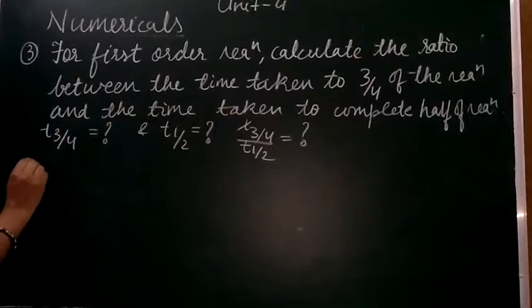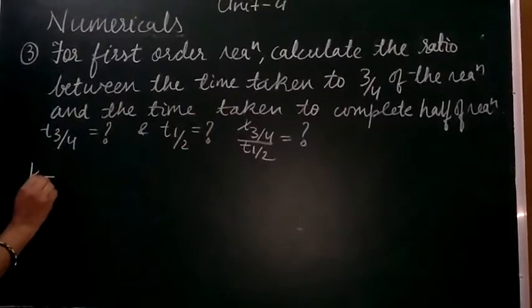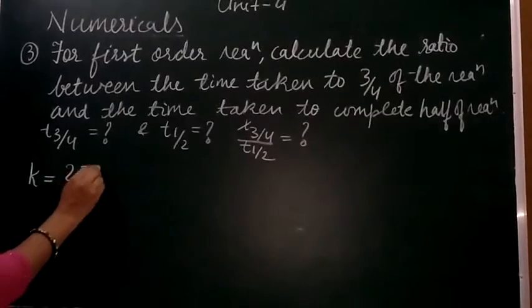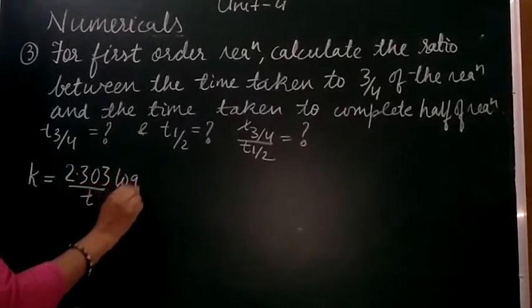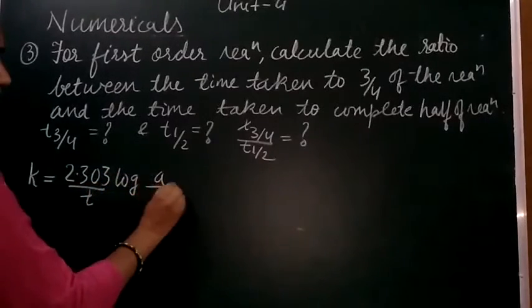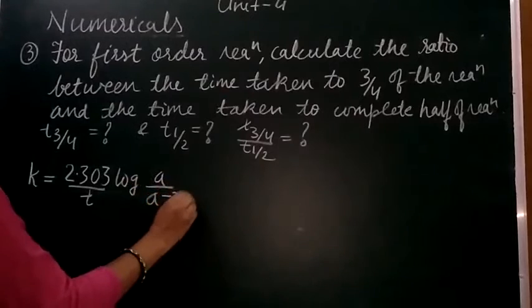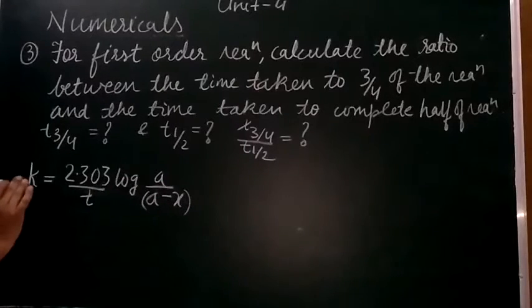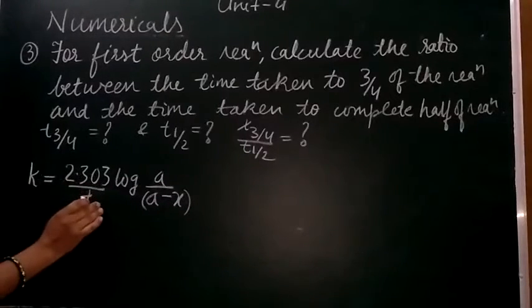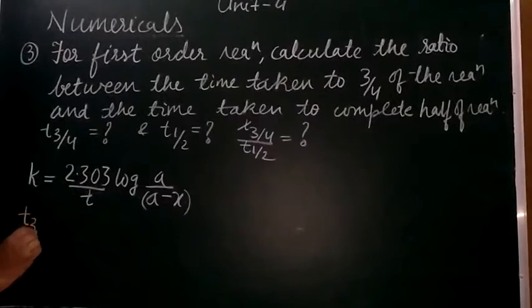Now we will use here the rate constant equation, the integrated rate equation for the first order. k equals 2.303 upon t log a upon a minus x, right? So here we are first finding out this t for 3/4.